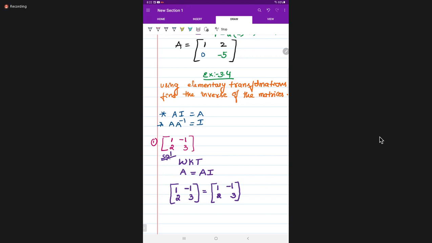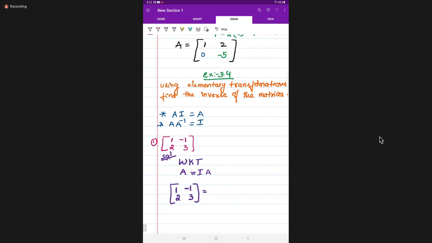Now, students, here first we can write I into A also. A is equal to I into A, we can write it or not? Same only.